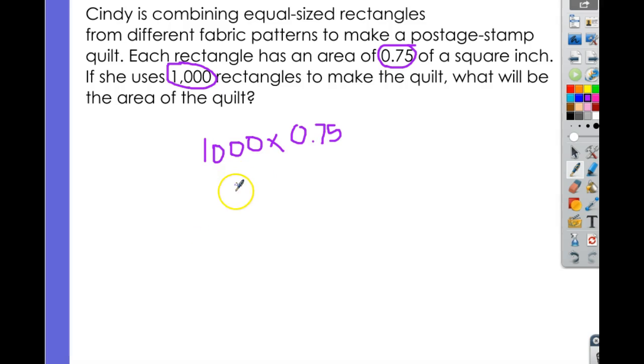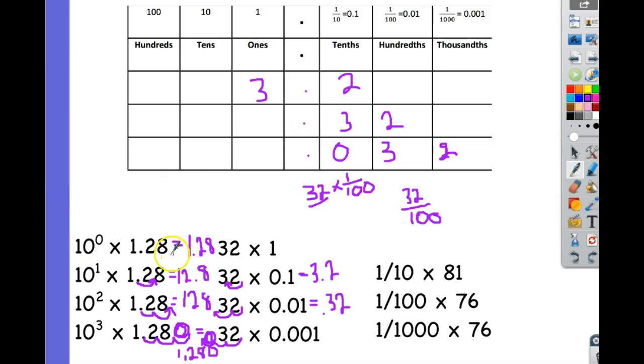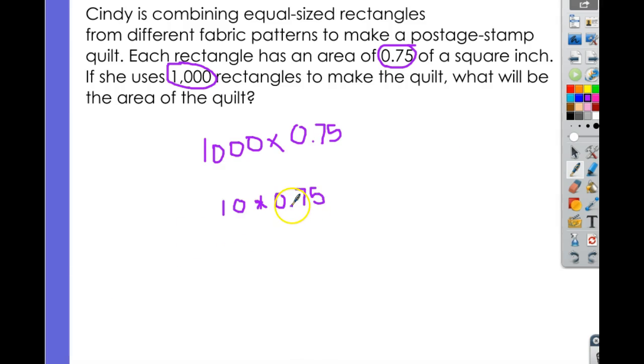Well, what you're going to want to do is think about the patterns that we learned. So let's just start with an easy one. 10 times 0.75, right? All I did when I was multiplying this by 10 was move my decimal over to the right once. I'm going to do the exact same thing here.